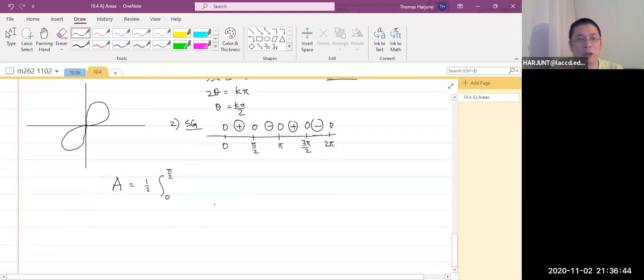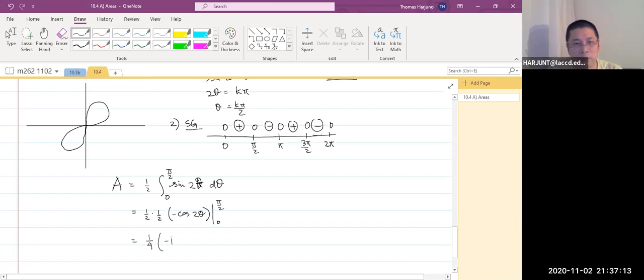But our r squared is sine 2 theta, not 2 pi, 2 theta. So this is 1/2 times 1/2 negative cosine 2 theta from 0 to pi over 2. That's 1/4 of -1, actually positive 1 minus -1. So the area is 1/2.